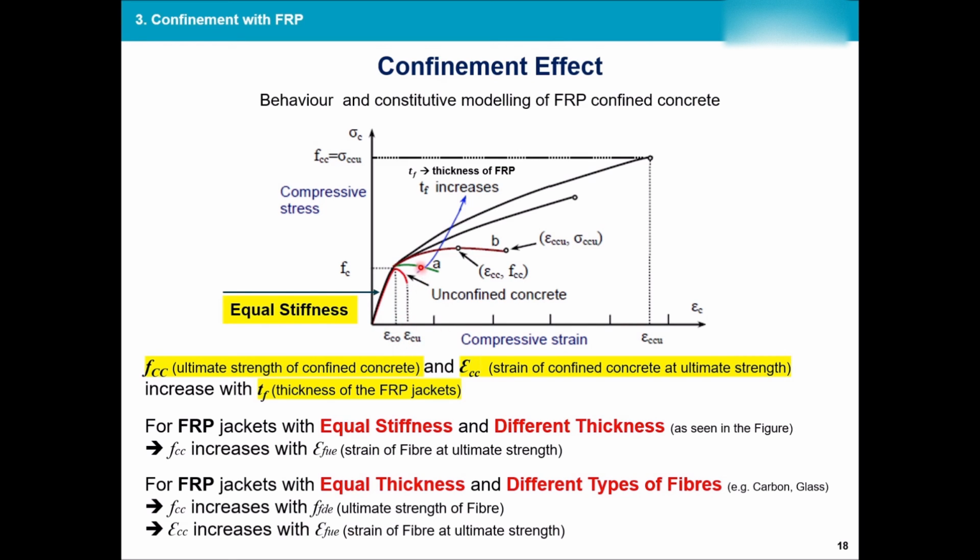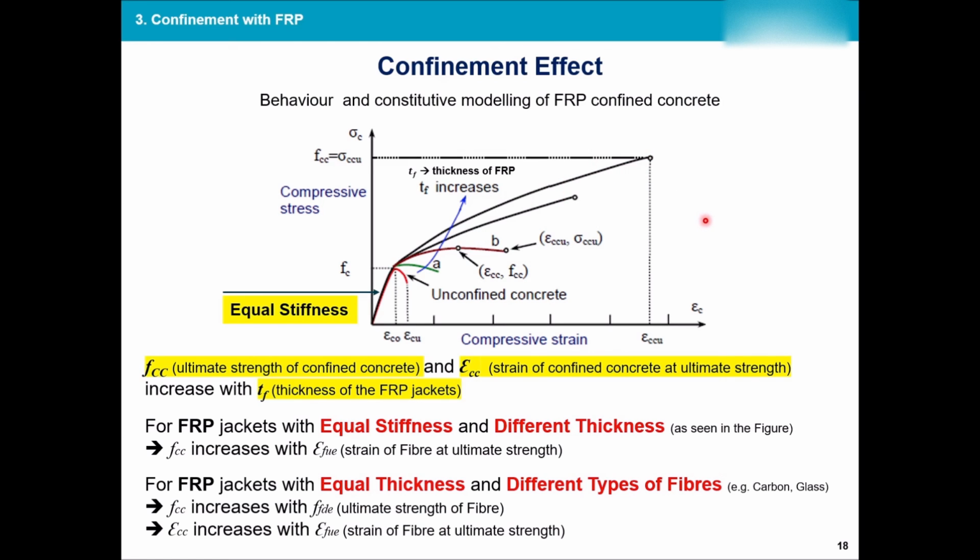Now I have 4 other FRPs which have increased the confinement of my concrete section, and as you can see, they're increasing in thickness. As the thickness increases, the strength goes higher, as well as the ductility.